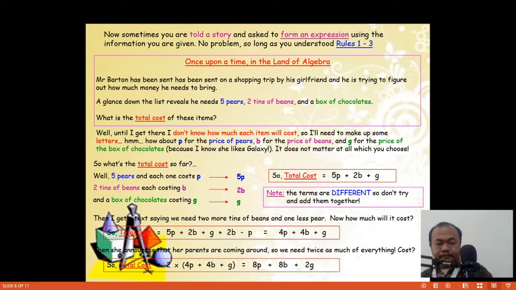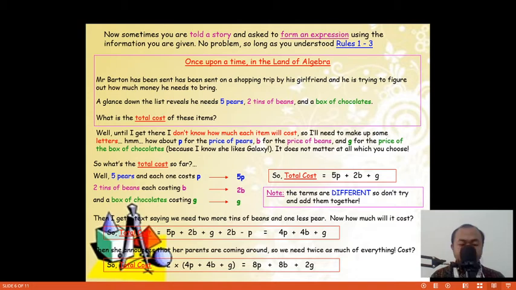Mr. Barton has been sent on a shopping trip by his girlfriend, and he's trying to work out how much money he needs to bring. The list is, he needs to buy 5 pears, 2 tins of beans, and a box of chocolates.